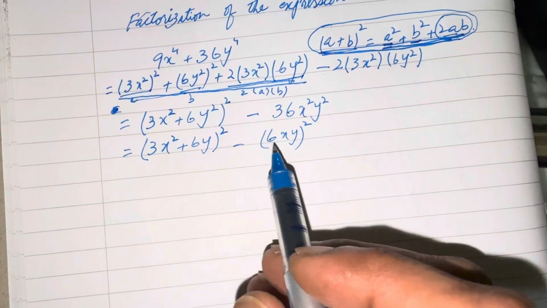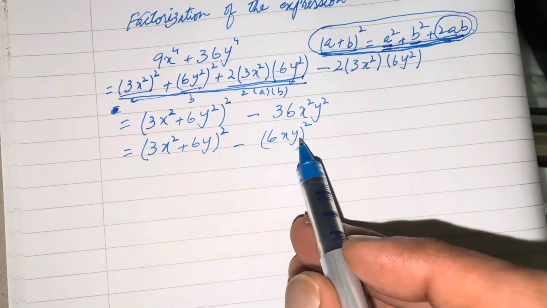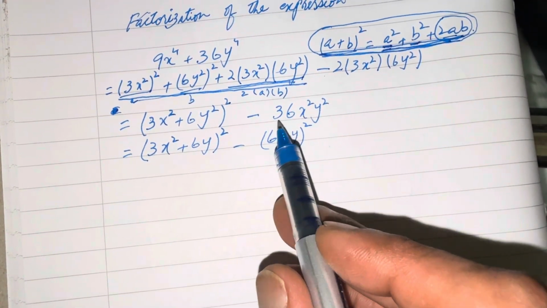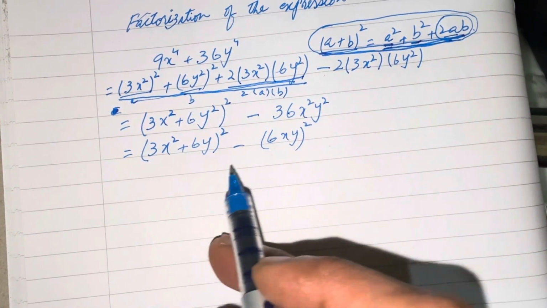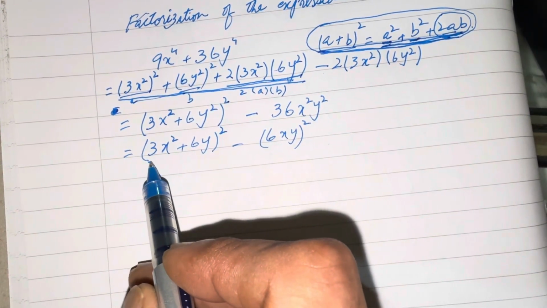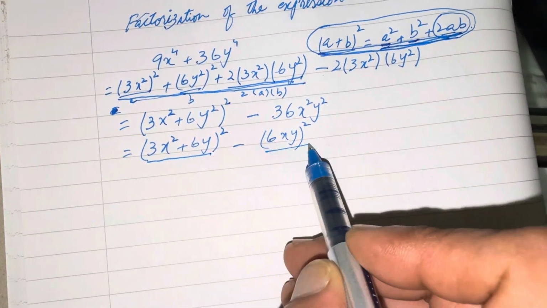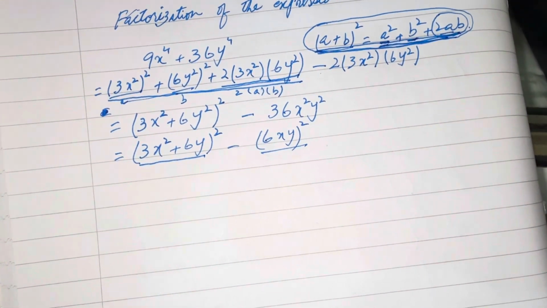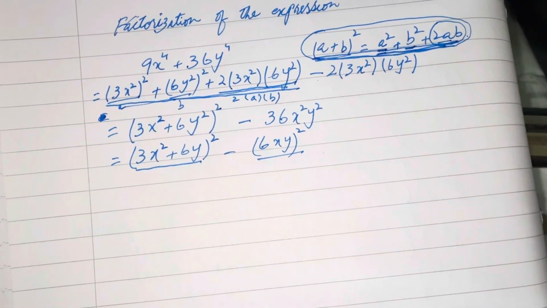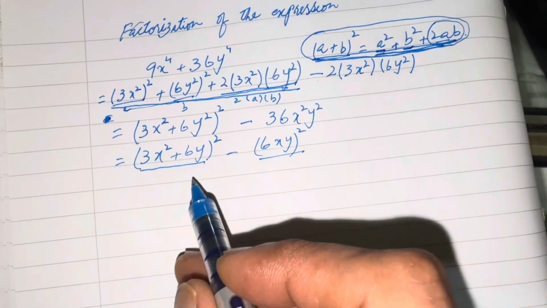So अगर आप 6xy का स्क्वायर लेते हैं तो फिर आपके पास दोबारा 36x स्क्वायर y स्क्वायर आ जाएगा. So अगर आप ये एक्सप्रेशन देखें तो ये भी आपको एक फार्मूला नज़र आएगा जो कि हम पिछले लेक्चर्स में काफ़ी ज़्यादा इस्तेमाल कर चुके हैं.